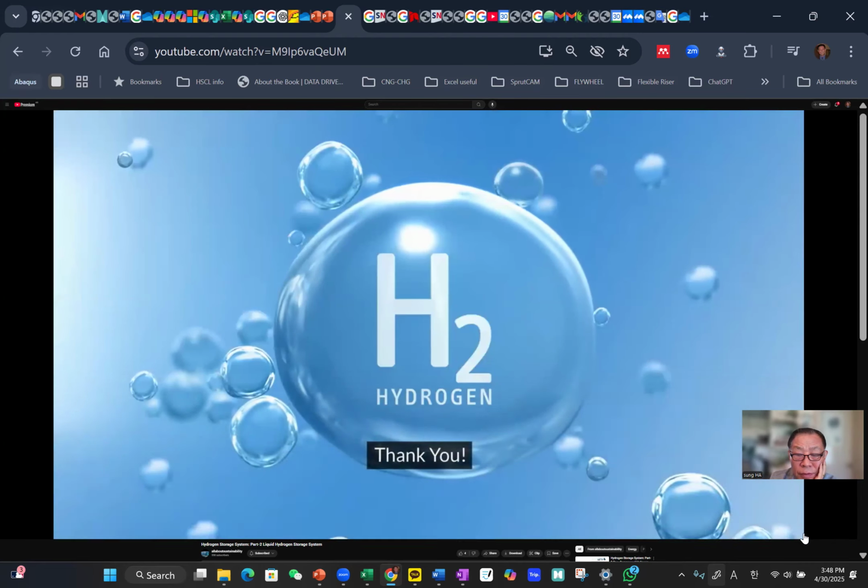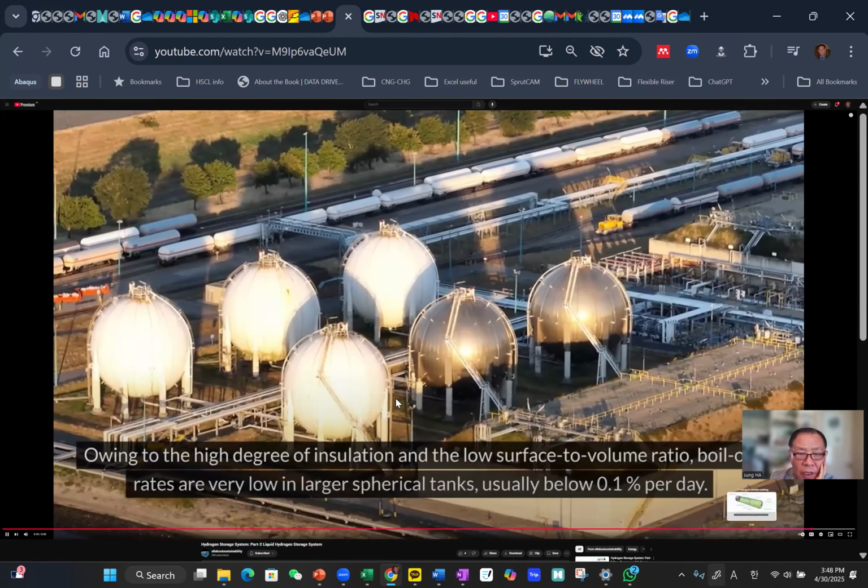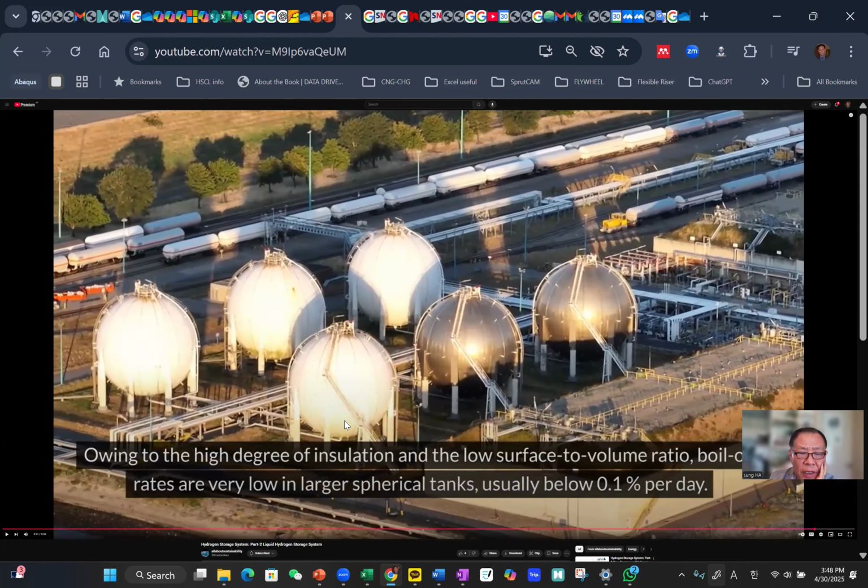The last point they made was, what will be the most efficient way of storing the liquid? It is not the cylinder type, it has to be this spherical type to minimize the outer surface. This is one of the points.